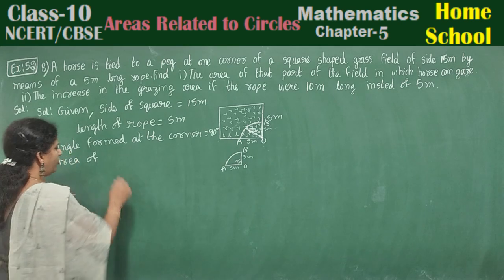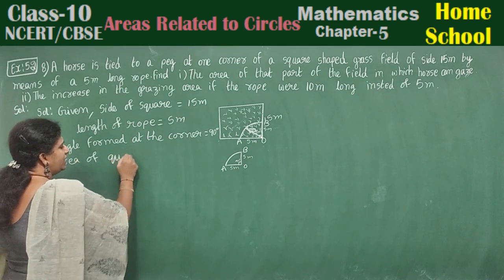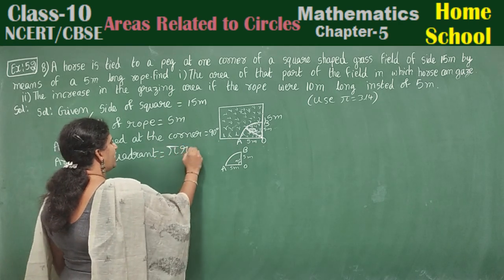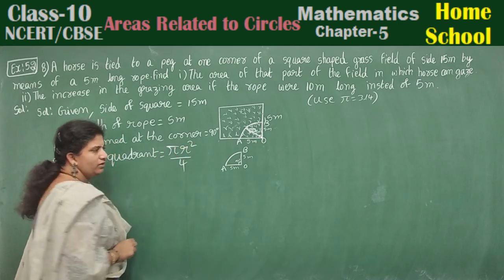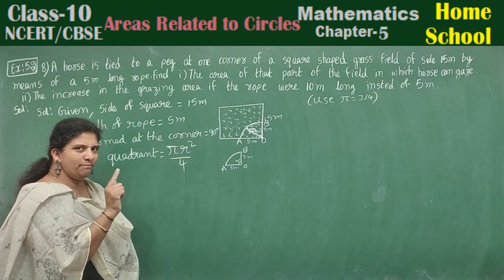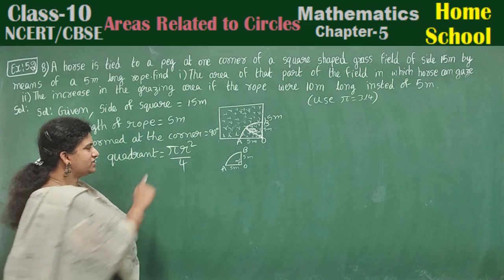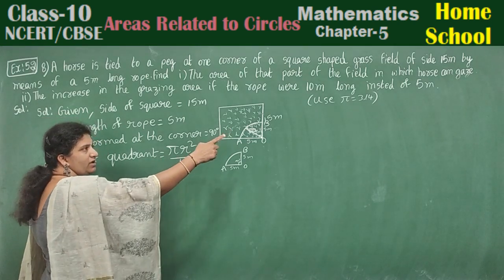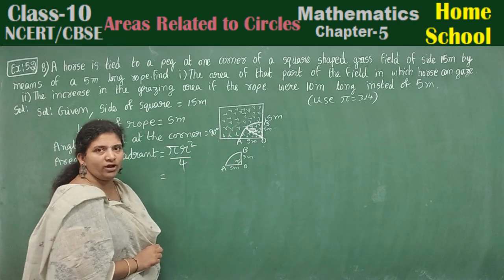Anything is okay, no problem. Area of a quadrant, if I take, is equal to pi r square by 4. Area of a circle, pi r square. Quadrant means 1 part out of 4. That is 1 by 4 pi r square. Pi value they have given. Use pi is equal to 3.14.